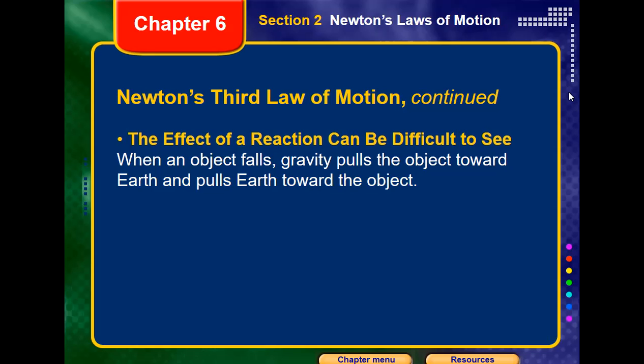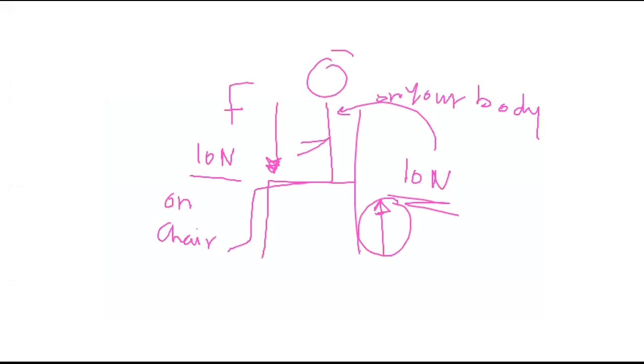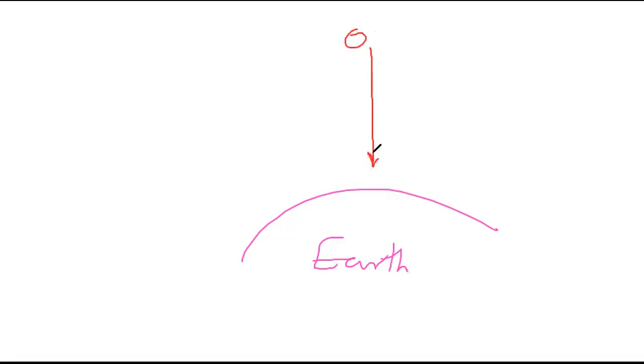What does it mean? Let's see together. Here, for example, that's the earth, okay, and we are going to let a ball fall down. Once it falls down, it's attracted to the earth because of the gravitational force. Okay, so that's the force of gravity.